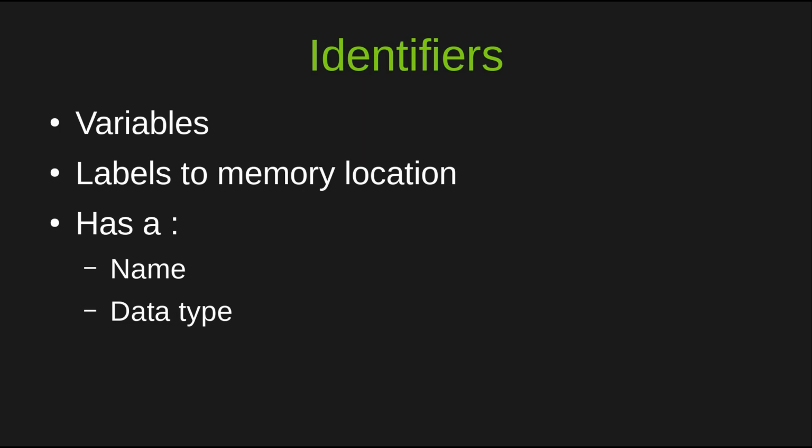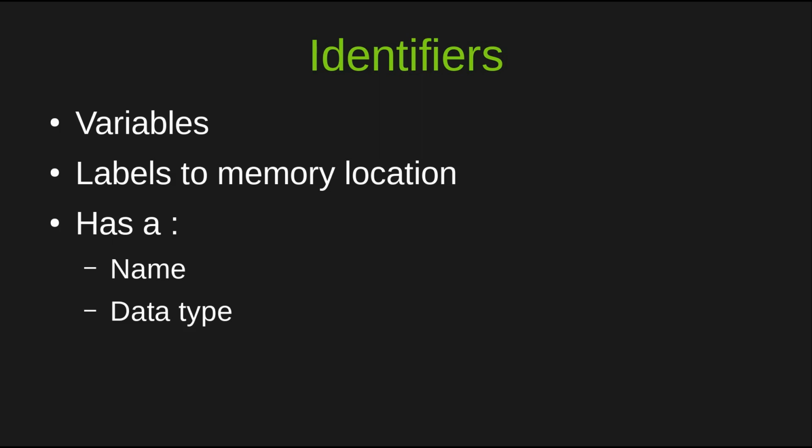Coming to identifiers, identifiers are nothing but variables. So we saw constants, now we are seeing variables. Unlike in mathematics, where a variable is a letter that has any value, in programming a variable is nothing but a label to a memory location. It actually performs the same task as we do in algebra.